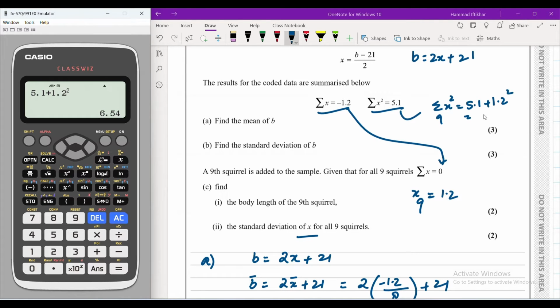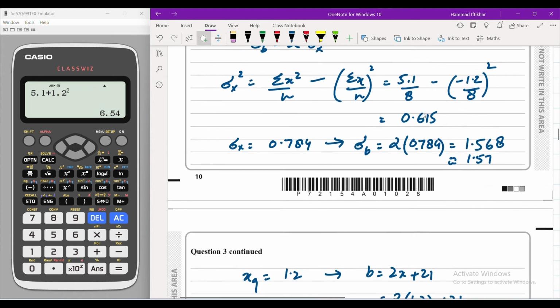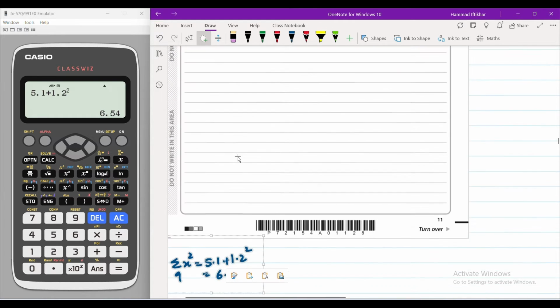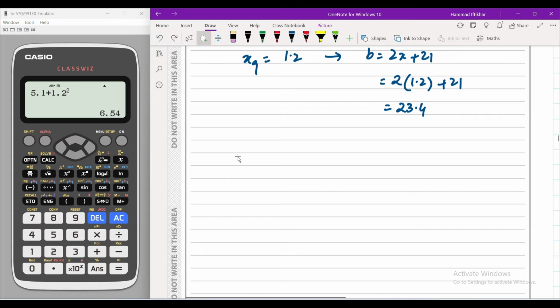That jumps to 6.54. So actually, let's write this here. Okay, so the total sum has been added to 6.54. So now sigma x has transformed to 0, for 9.